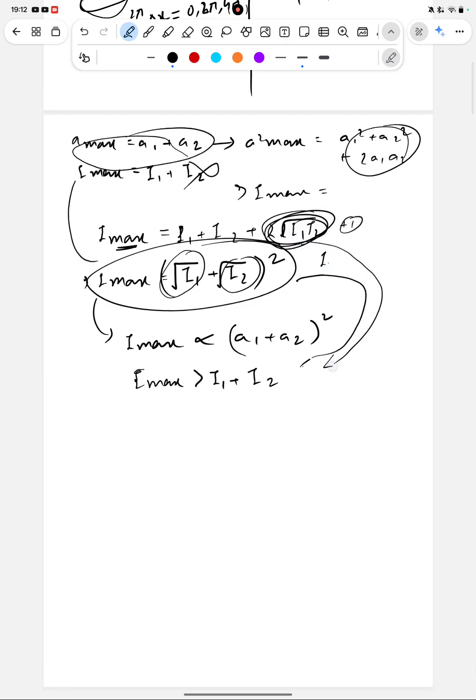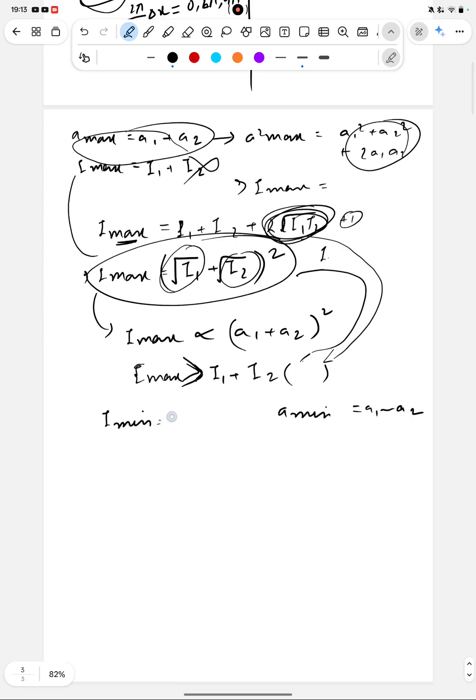So this is an extra term, so it's of course greater. Now for I min, we need A min as a1 minus a2. I min is similarly obtained with a minus sign, so root I1 minus root I2, whole square.